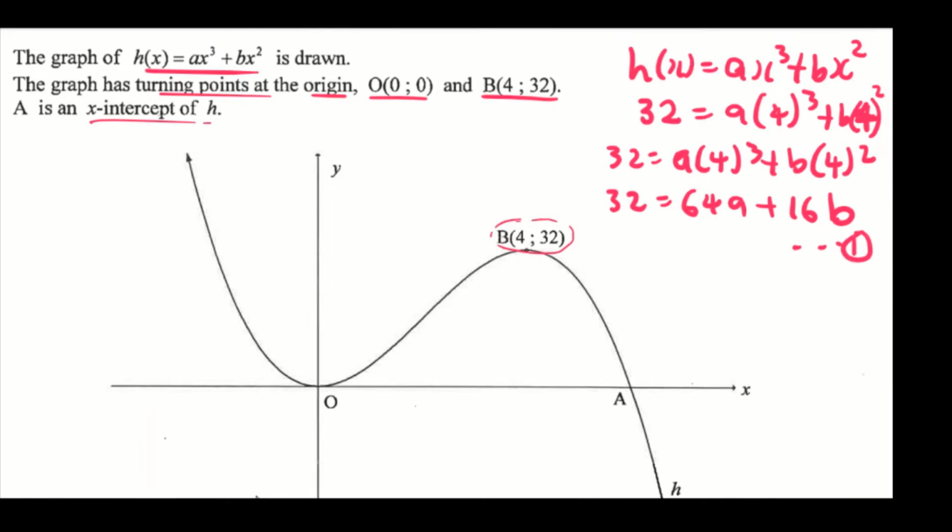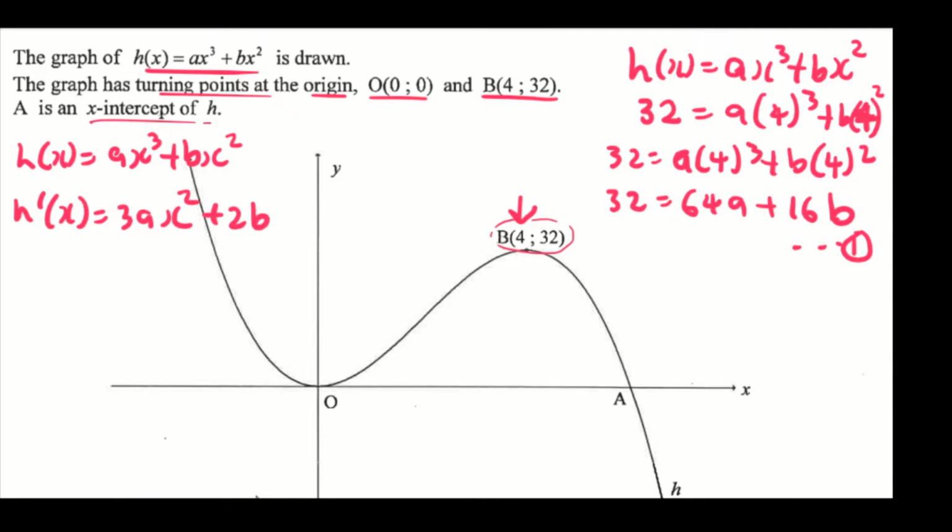And you're going to write h of x being equal to ax to the power of 3 plus bx to the power of 2. So if we differentiate this and substitute this 4 here, we're going to say h prime of x equals 3ax to the power of 2 plus 2bx.